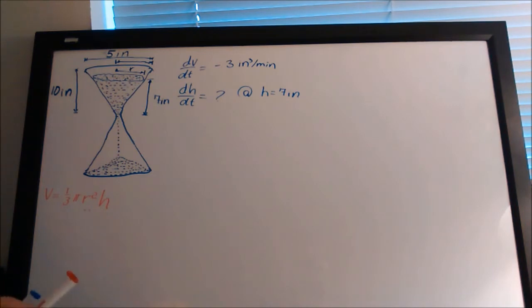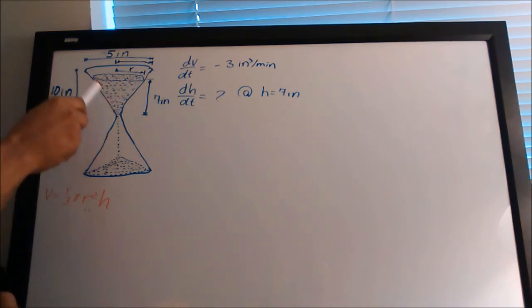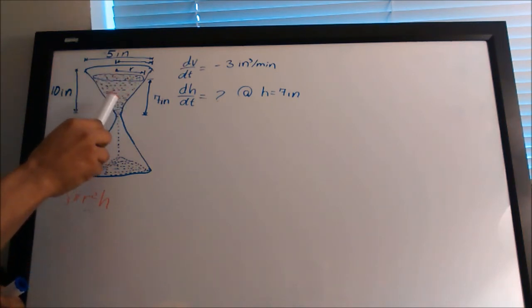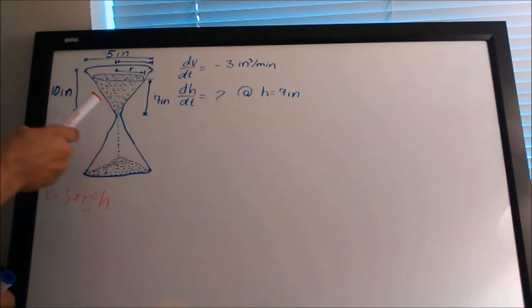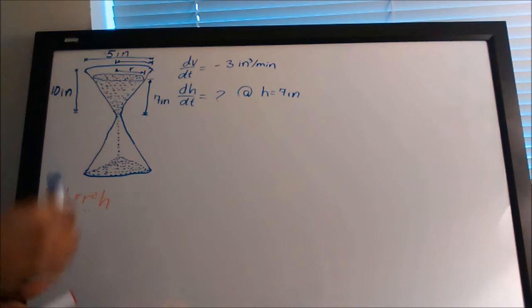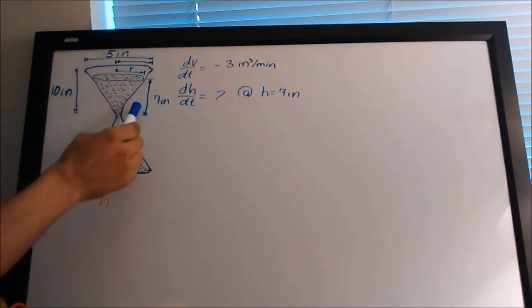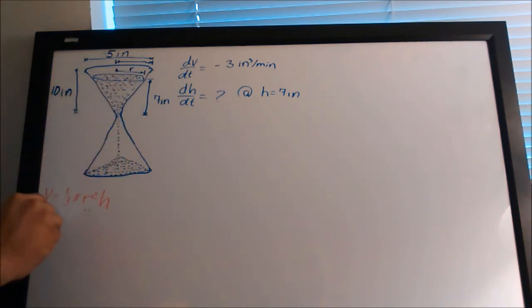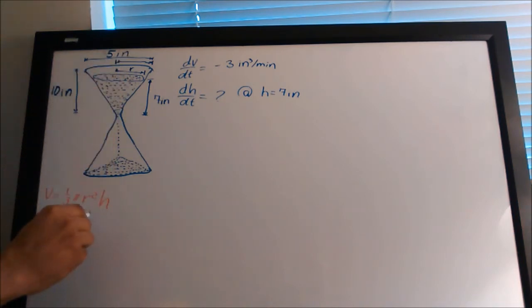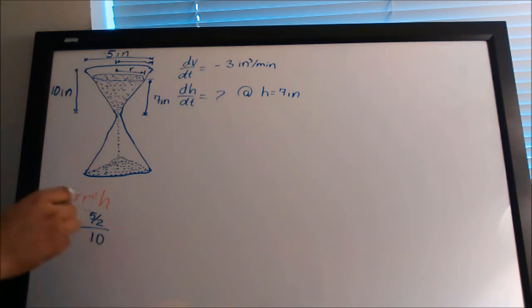Now, to get rid of this radius in this equation, we're going to make use of the following fact. Since the sand is inside the glass, it has the same shape. Therefore, the proportions of the sand cone have to be equal to the proportions of the glass cone, meaning that the radius of the sand over the height of the sand has to be the same as the radius of the glass, which is 5 over 2, divided by 10, which is the height. 5 over 2 because 5 is the diameter and we're looking for the radius.